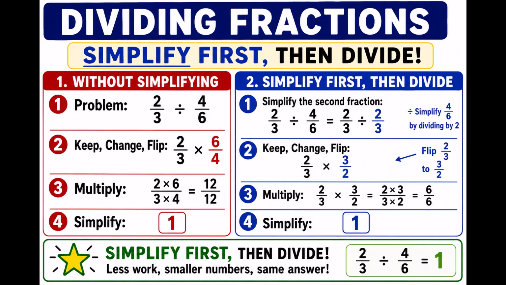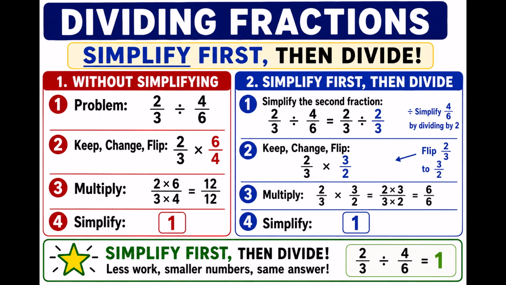First, let's look at what happens if we do not simplify, because it's important for us to see that. If we don't simplify, we start with 2/3 divided by 4/6. Now remember the rule, keep the first fraction. When we are dividing fractions, keep the first fraction.